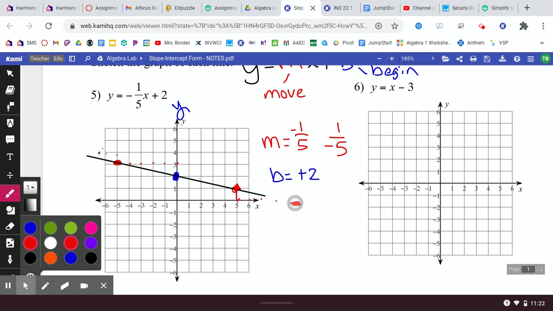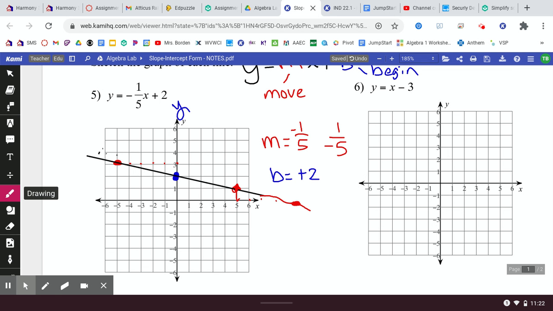And guess what? I'd still be on that line. I could do that forever. I could fall 1, run 5, or I could rise 1 and back 5. I could do that forever, and I'm always going to be on my line. Okay? And the reason is because linear equations have a slope that is consistent. So it's always going to rise and fall at the same rate.